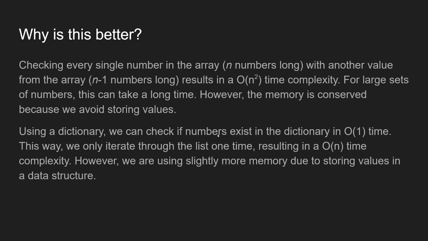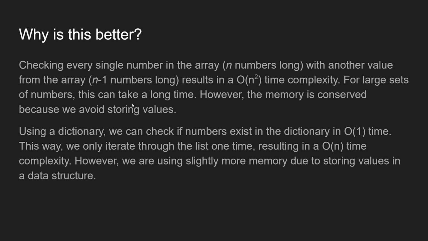So why is this better? Well, if you check every single number in the array from before, it's a very time-consuming kind of algorithm. We call that O of n squared, because you're basically comparing the same array with itself. So n times n minus 1, and that simplifies to generally n squared.